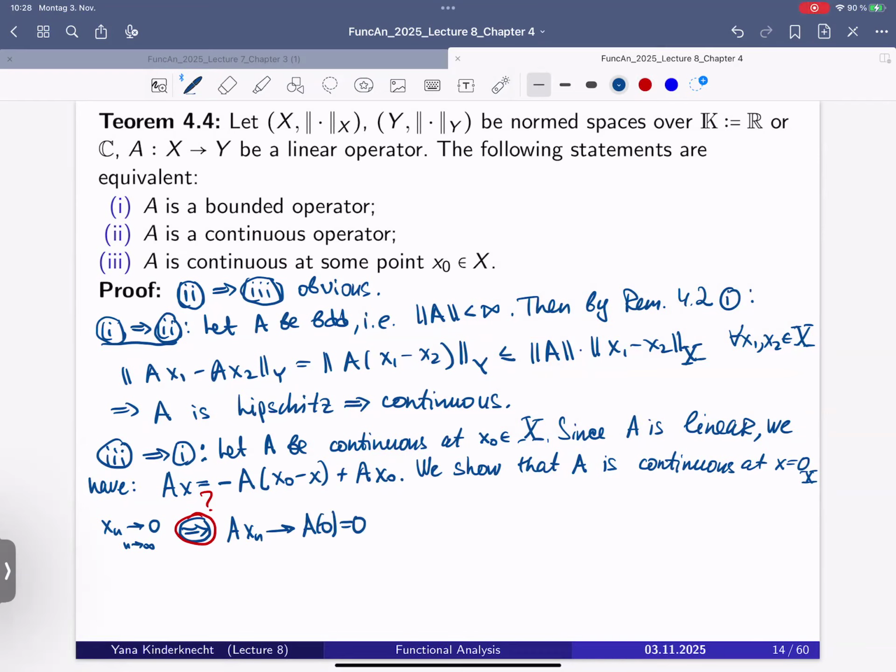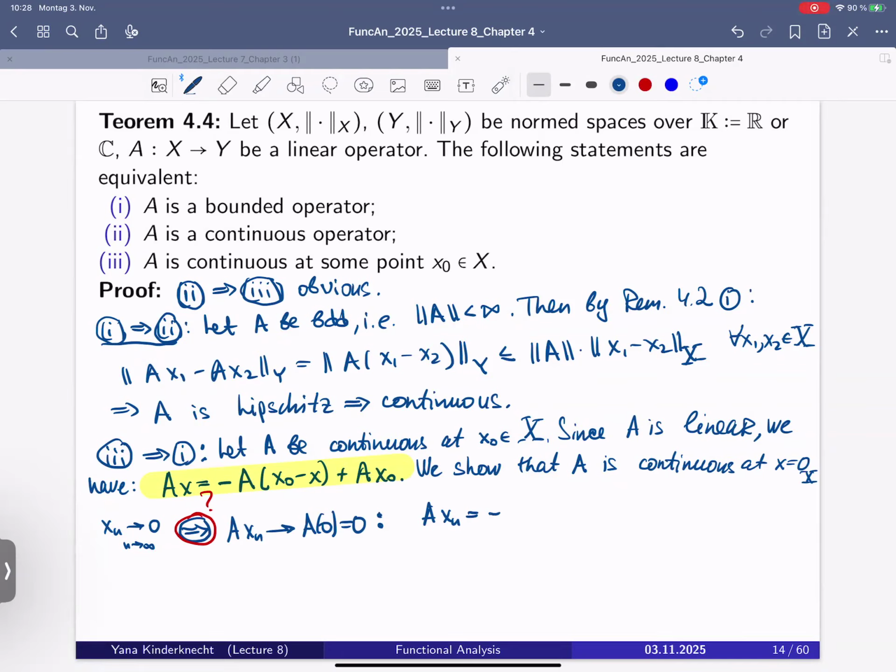So let us show it. A of Xn is equal to, now I use this identity, which holds for any x, hence for Xn as well.